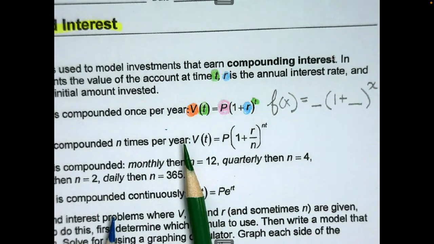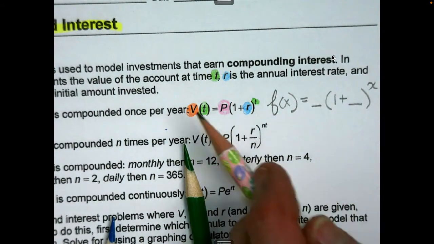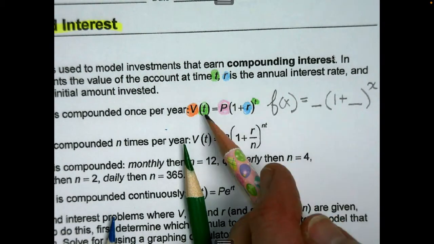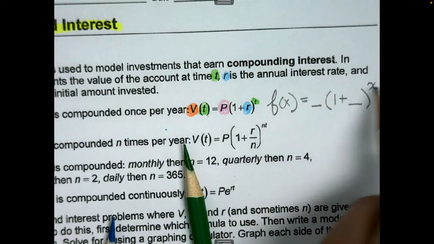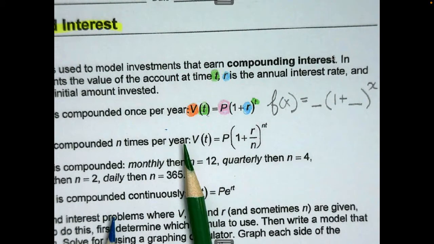That's where the x is going to be. So that's how you'll have to enter it into Desmos. V turns into the F and T turns into the X. T stands for the time. So that's what you'll be looking for on a lot of these questions.